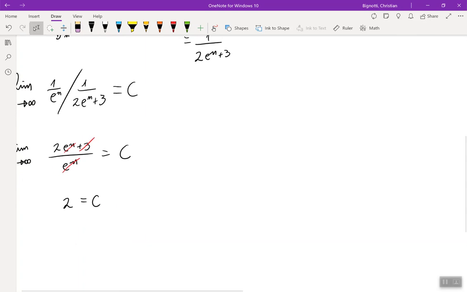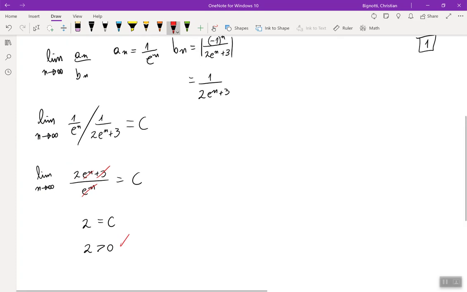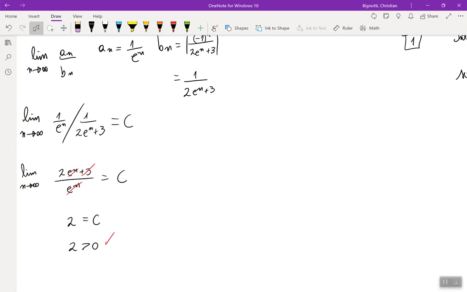And if c, remember, is bigger than 0, this is true, both a_n and b_n either converge or diverge, and we know that 1 over e to the n converges, which means b_n also converges. So now we know the absolute value, because that's what we were testing for, remember, also converges.